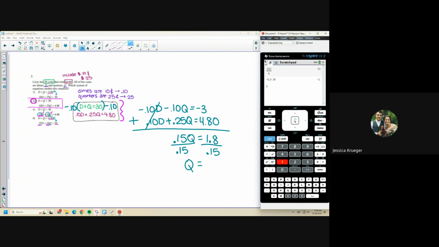So 1.8 divided by 0.15, and I'm hoping I'll get a whole number here. I get 12. That means that they had 12 quarters. To get the number of dimes, I know it's 30 that they need. So D plus 12 would be 30. So they must have had 18 dimes.